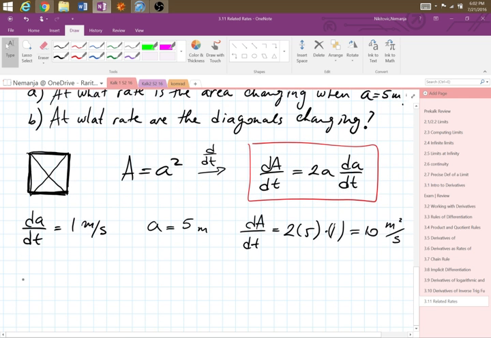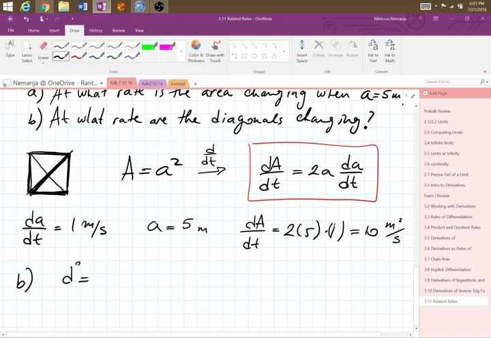Now for part B, we will have to do a little bit more work, because diagonals will have their own formula. So now I have the diagonal, and we try to figure out the equation for the length of the diagonal with respect to a. Now you either know this by heart, or you would have to suffer through the Pythagorean theorem to figure it out.